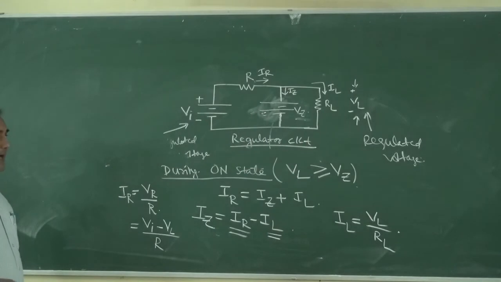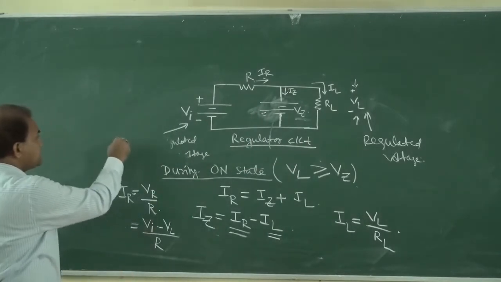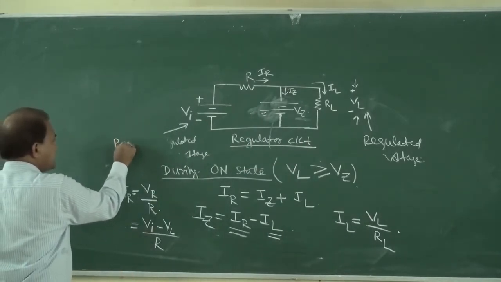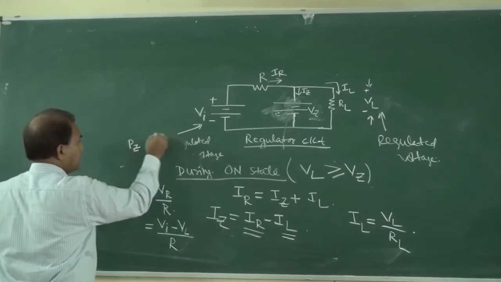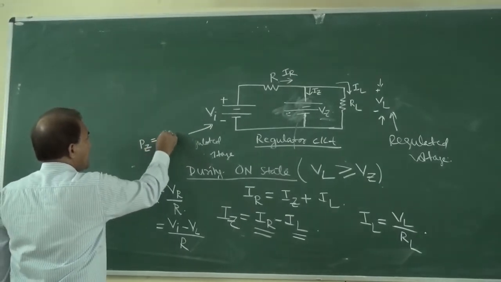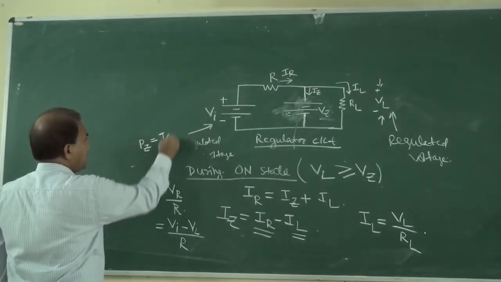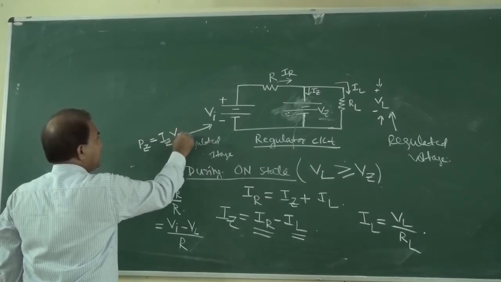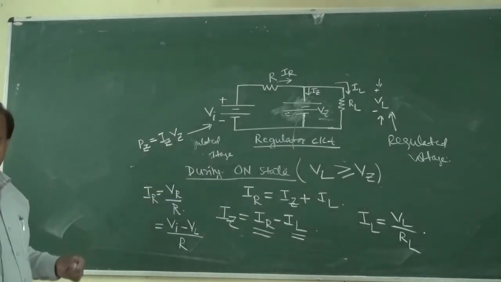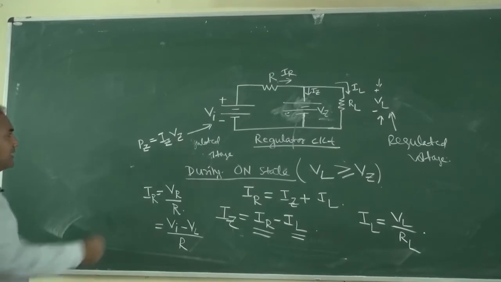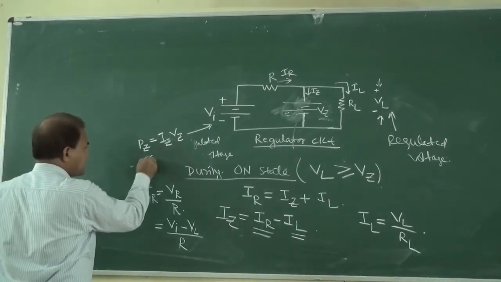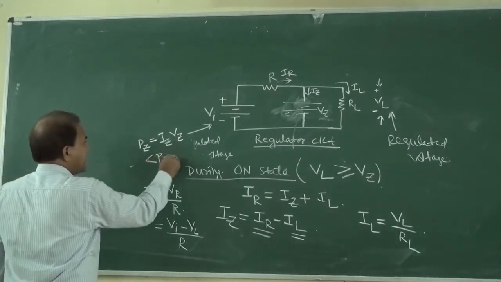Okay, and how we can express power dissipation across the diode? It is equal to Iz into Vz, and this power dissipation should be less than Pzm.